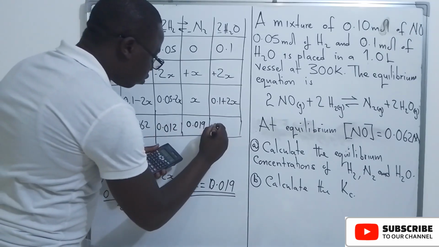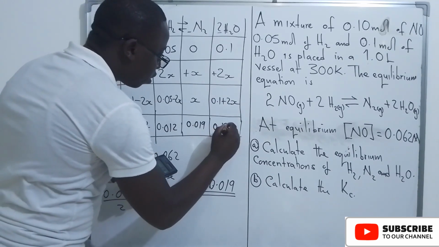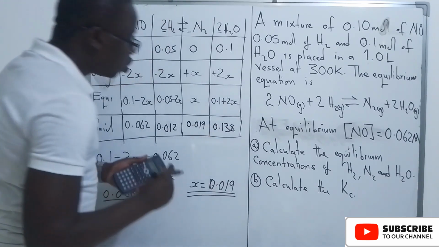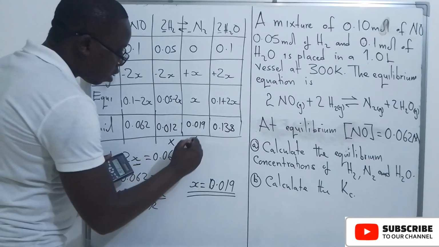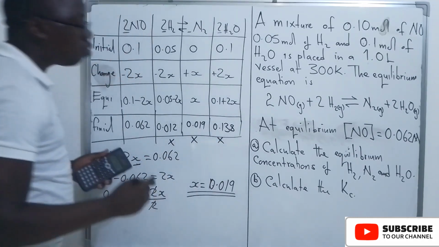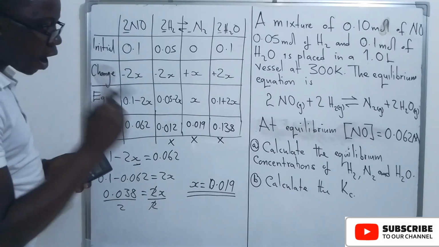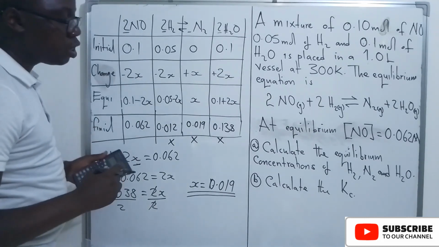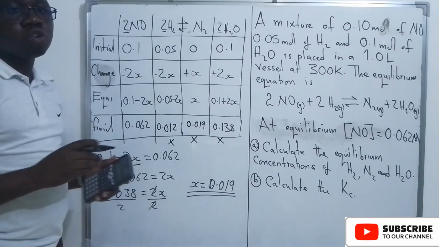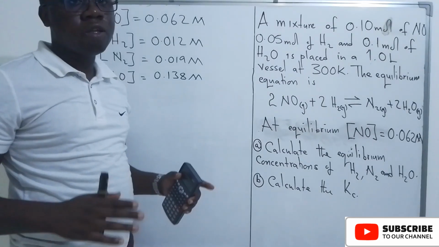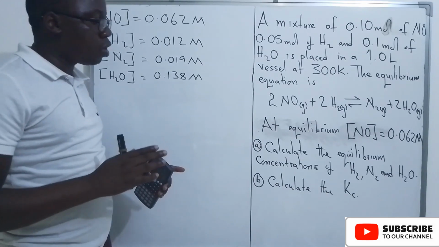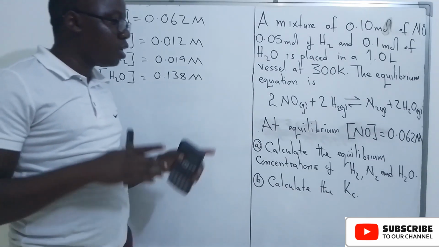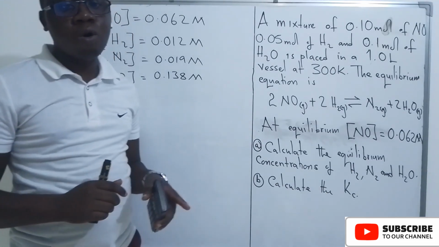It gives us 0.138. So these are the three equilibrium concentrations of hydrogen, nitrogen, and H2O. Reached this far, you can see that we have managed to calculate the concentrations of hydrogen, nitrogen, and H2O.